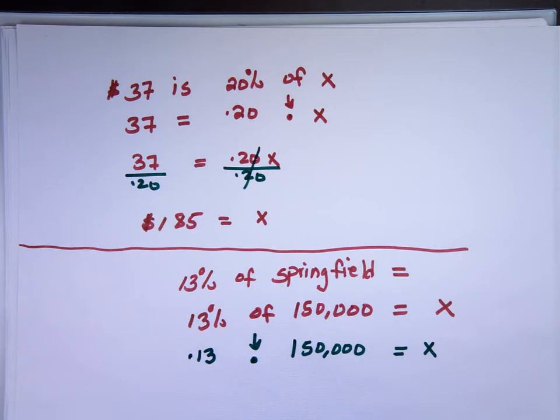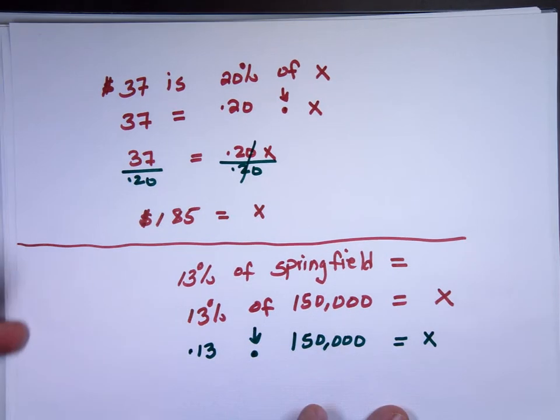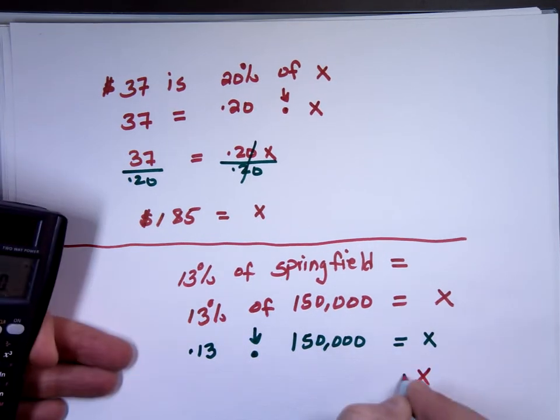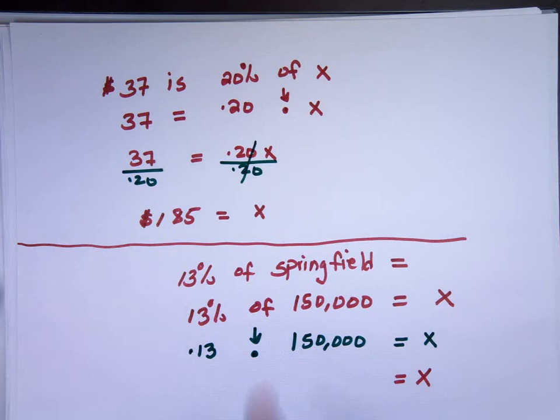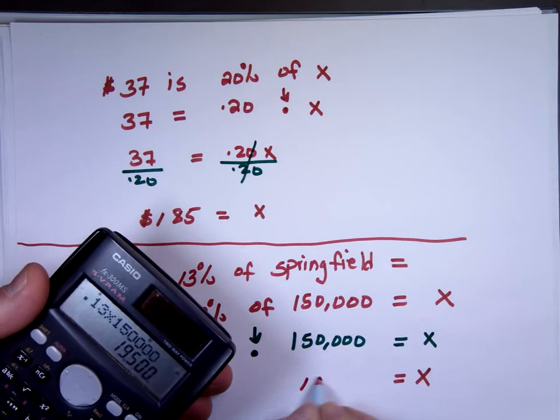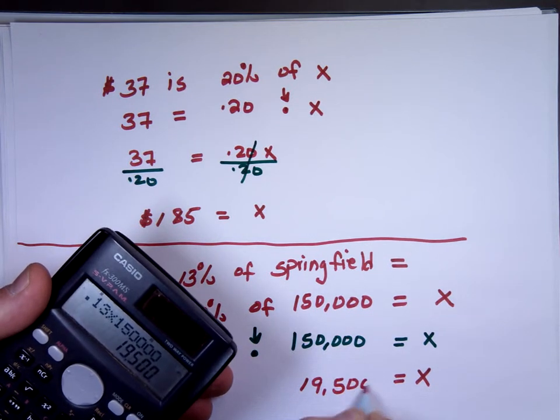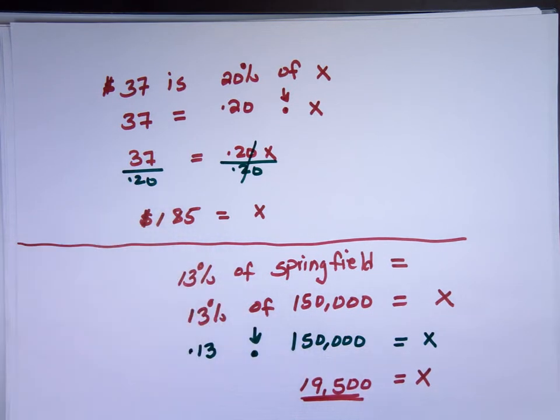Let's say 150,000 people live in Springfield. So if 13% of them live below poverty level, let's see what that number is. $19,500 people are living below poverty level.